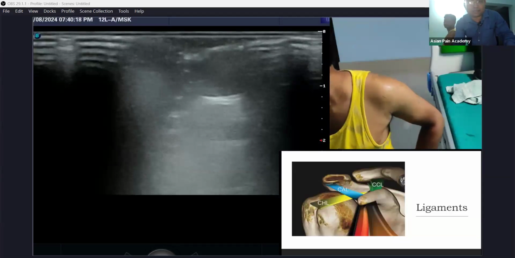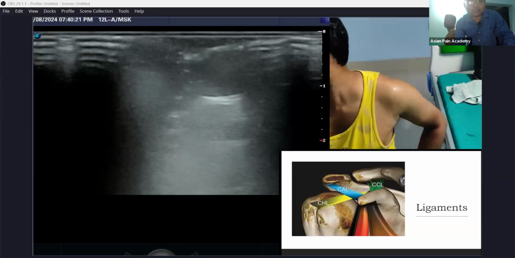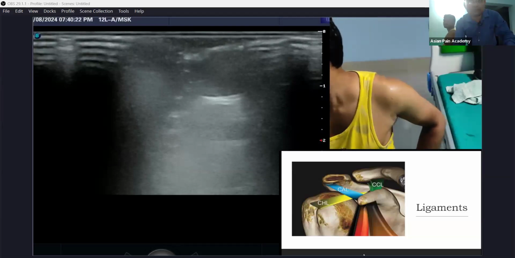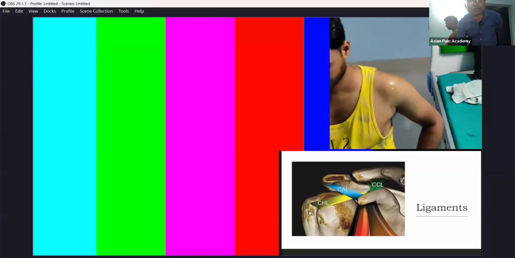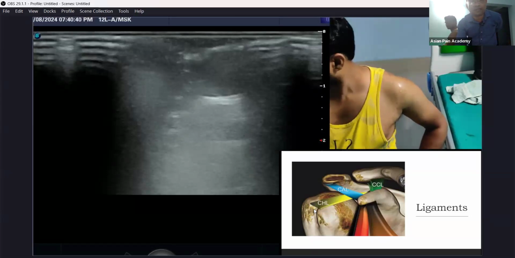So next is ligaments. Just see that these are the three ligaments. Already I have told: the coracohumeral ligament, coracoacromial ligament, and some coracoclavicular ligaments. Glenohumeral ligaments are also there, but they are much deeper and smaller.